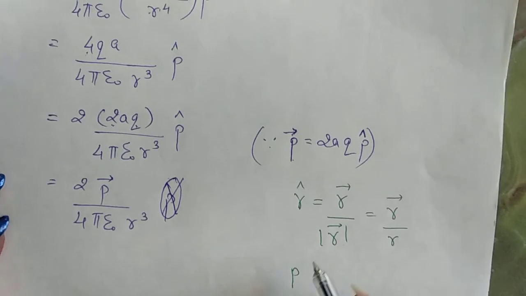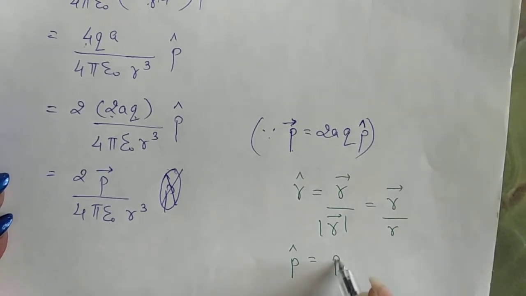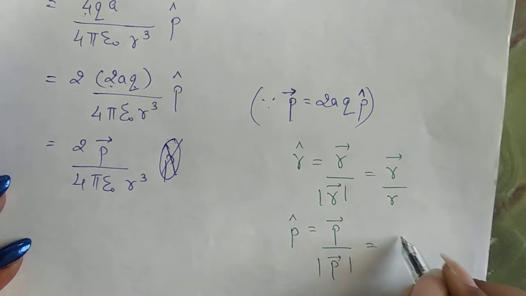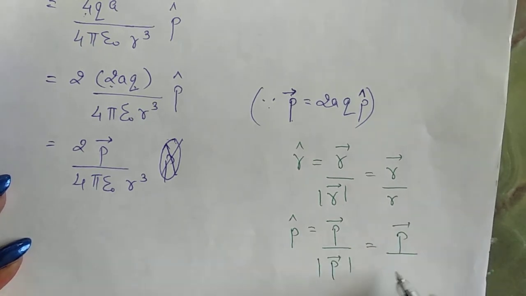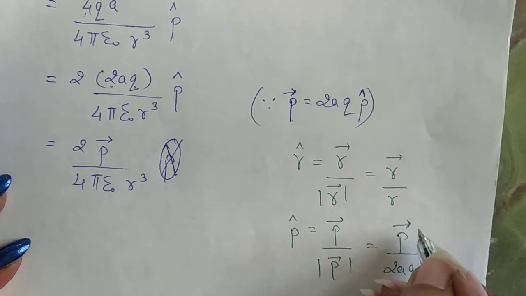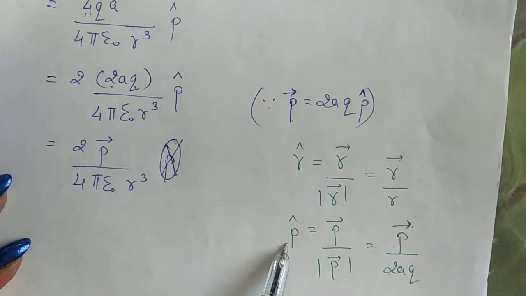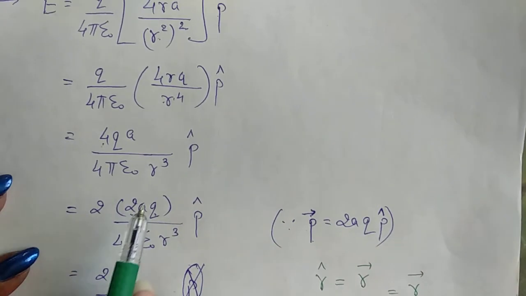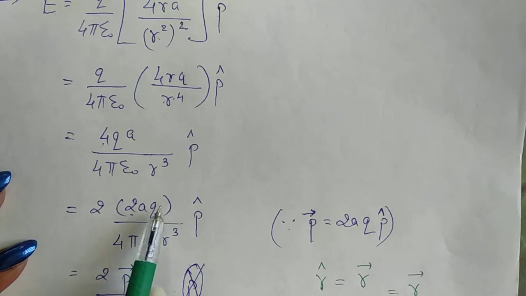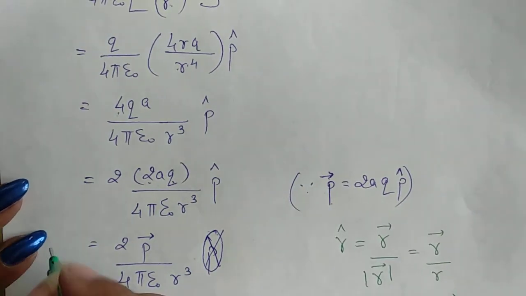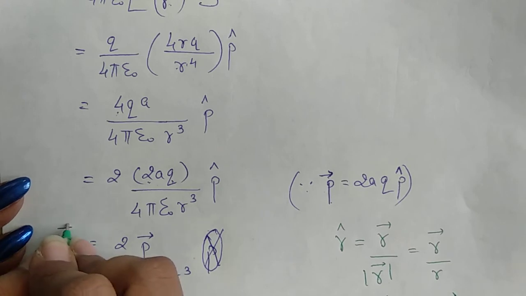Similarly, p cap is equal to vector p upon mod of vector p. And mod of vector p is 2aq. So from this equation, vector p is equal to 2aq into p cap. So this whole 2aq into p cap, instead of this we can write vector p. So this is our required equation.